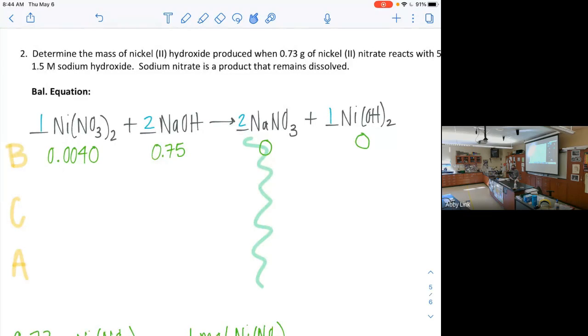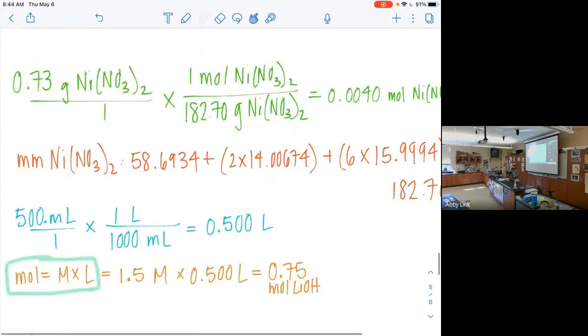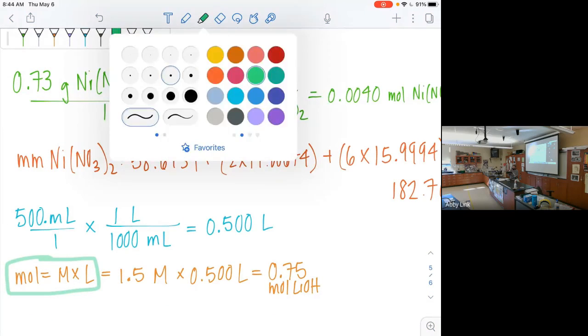All right, so let's figure out our limiting reactant. For the rest of the problem there's nothing new, right? This is just a straight up limiting reactant. You have moles of both of your reactants now. You're looking for the grams of Ni(OH)2 and your limiting reactant essentially, okay? So the only new stuff was what we did right here.